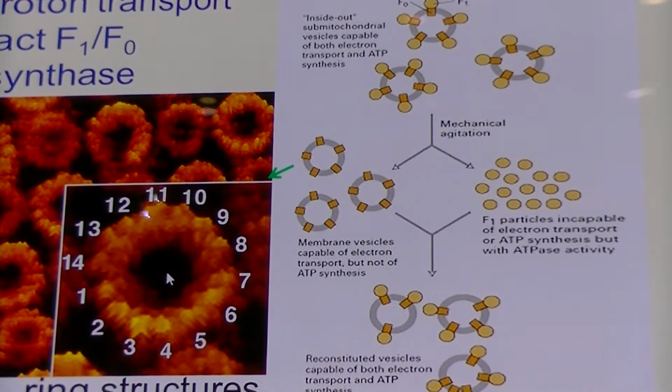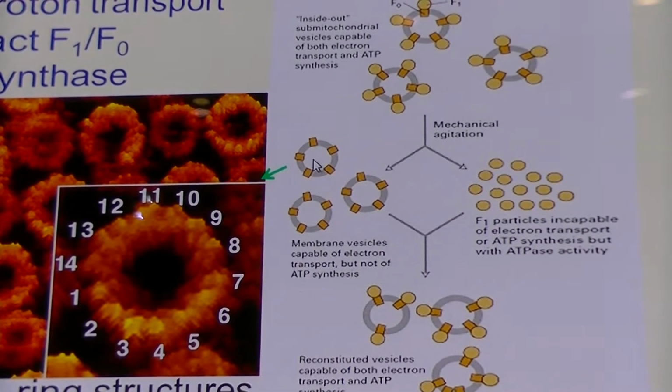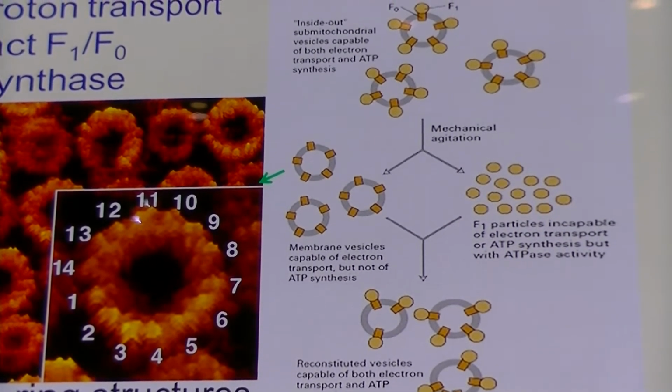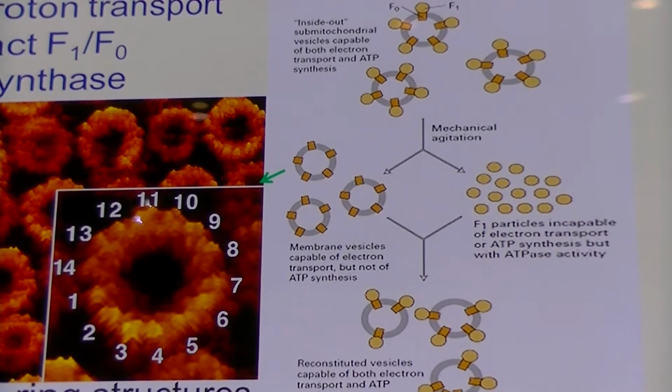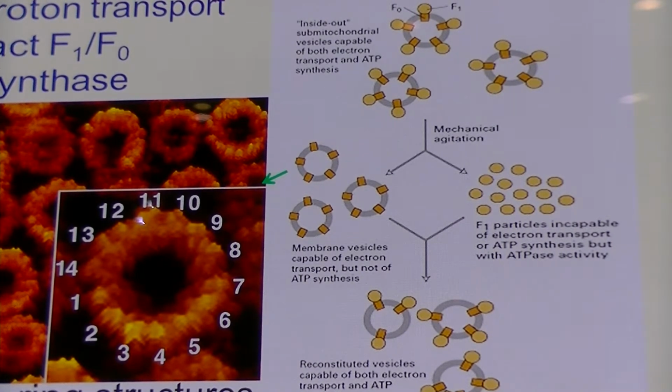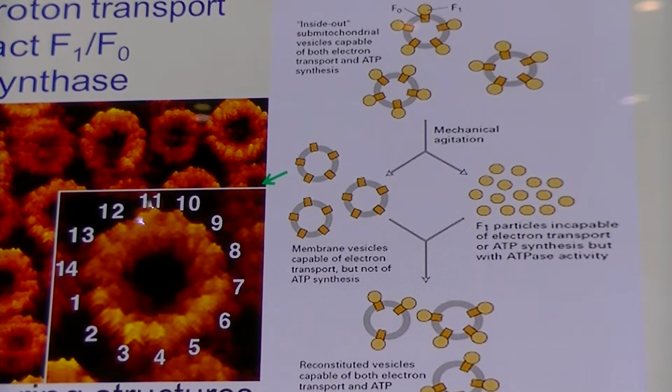Now, these channels actually are leaky to protons. They're channels for protons, that can be measured. And the F1 parts can degrade ATP, forming ADP and Pi, or the other way around, depending on the conditions that we give. So this is an ATPase enzyme.